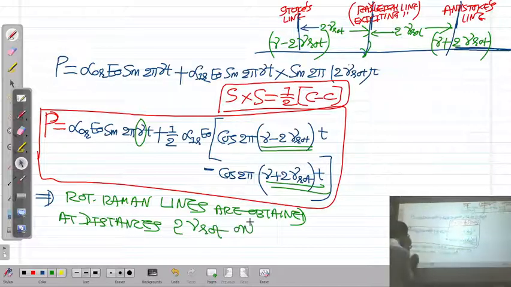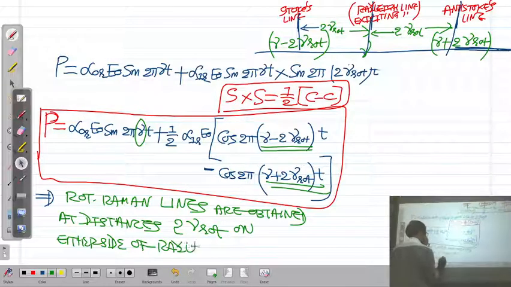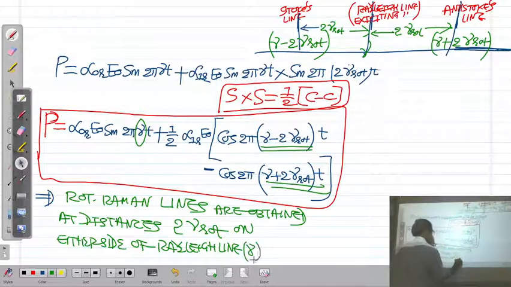on either side of the Rayleigh line. So we get rotational Raman lines at distances 2 nu rho on either side of the Rayleigh line.